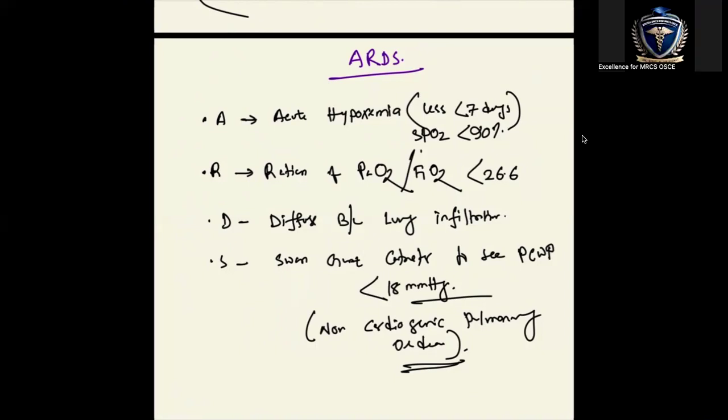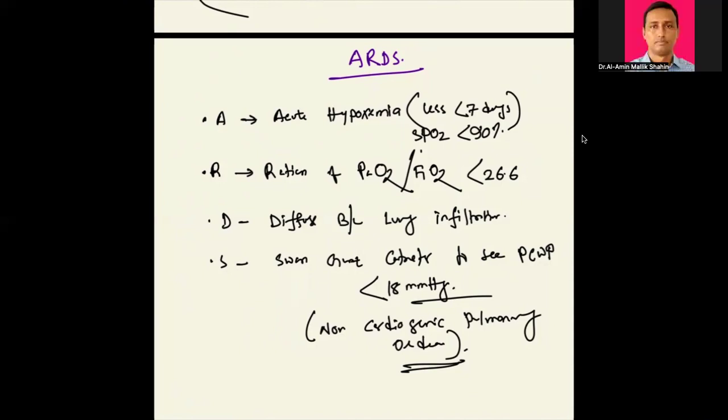Then the ratio of partial pressure of oxygen to the fraction of oxygen in inspired air, less than 200. This is called the Carrico index. Both lung fields have diffuse infiltrates, diffuse bilateral lung infiltrations.